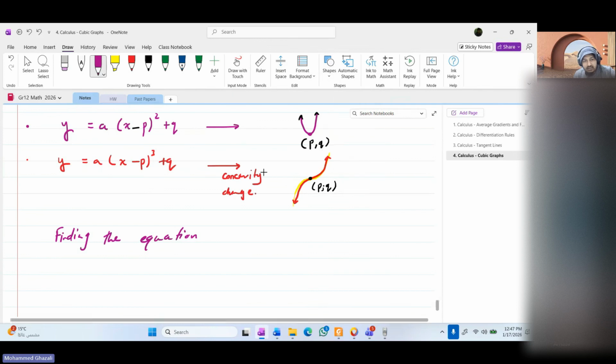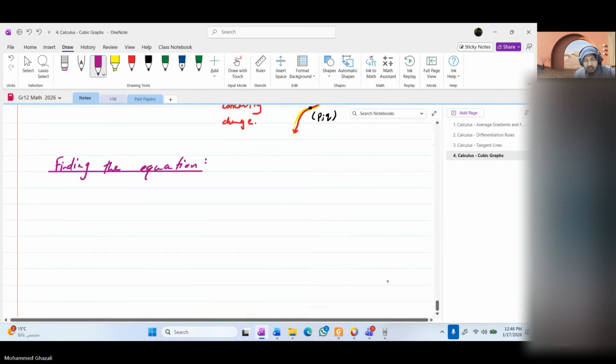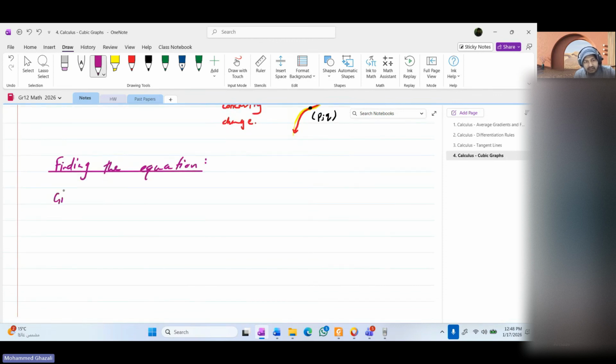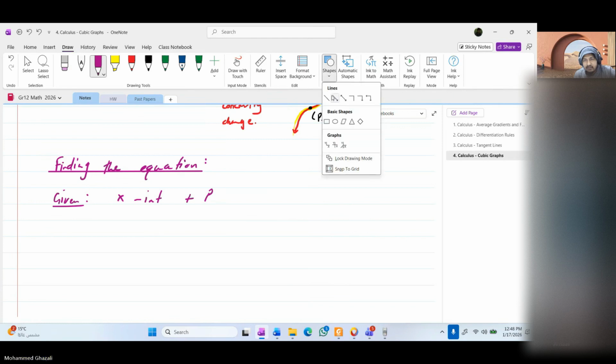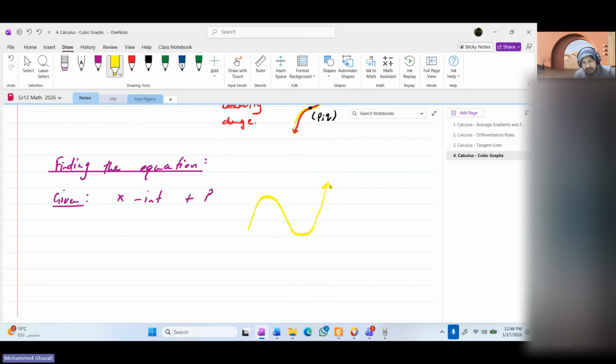Now, what is finding the equation of a cubic function? Very simple. First, if we are given x-intercepts plus a point, for example, all the x-intercepts are given and a point is given. So what does that mean?